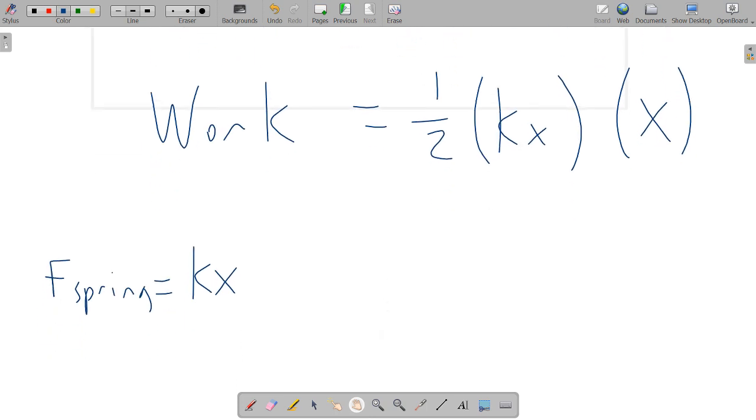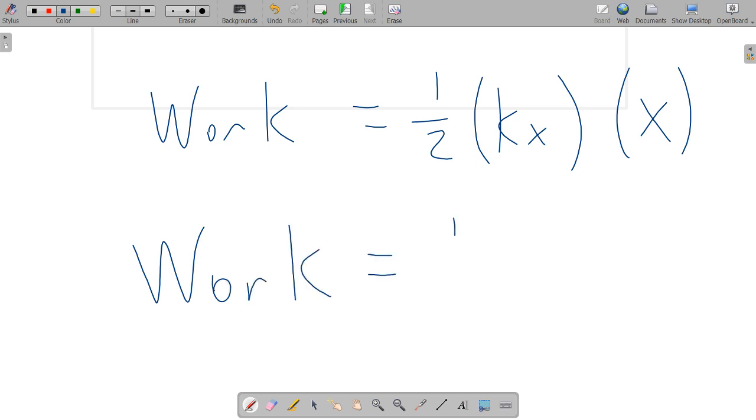One more major thing: you notice I have 1/2 times kx times x. x times x is x squared. So 1/2 kx squared. This right here is the equation for elastic potential energy.